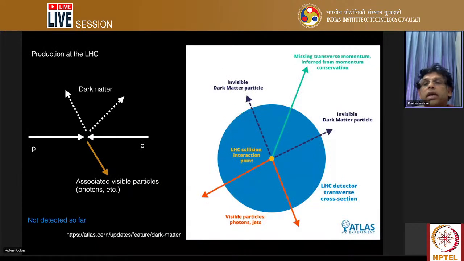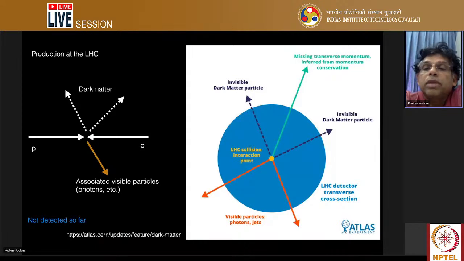And LHC experiments are also there, which have been going on, and we have not seen anything yet. Basically, dark matter is not directly detectable because it is dark. What we can detect are things which can interact with matter.